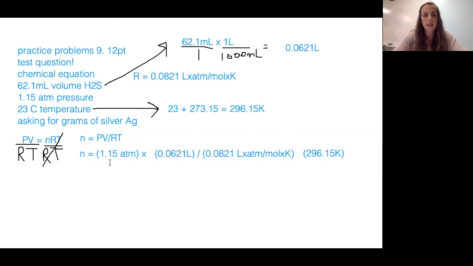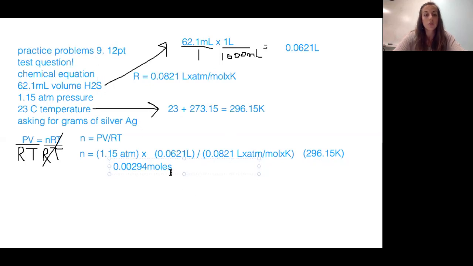Once you do that in your calculator, your answer is going to be 0.00294 moles. Okay, so step one is done. I have figured out how many moles I have of H2S.